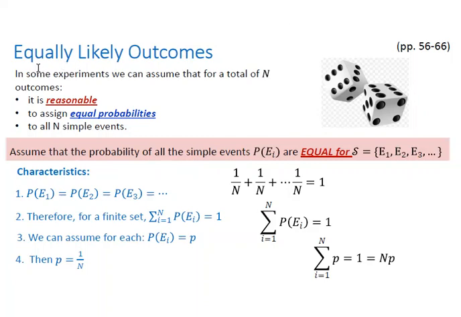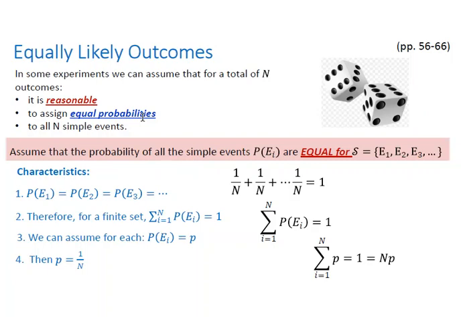So, if in some experiments we assume that for a total of n outcomes and equal probabilities, then we say that that experiment or that sample space has equally likely outcomes.